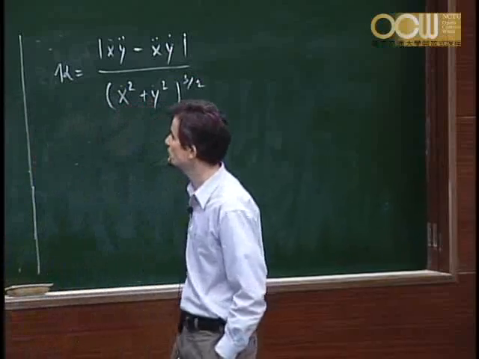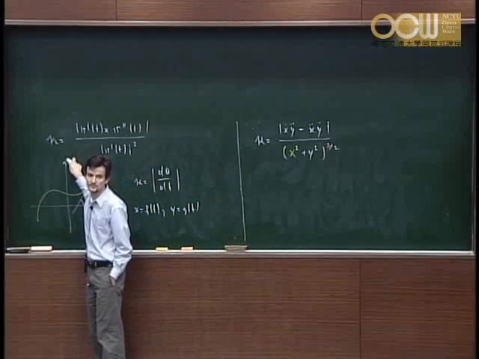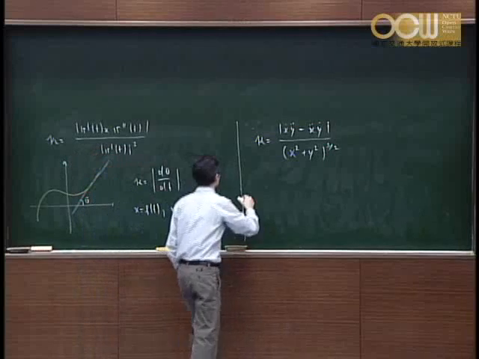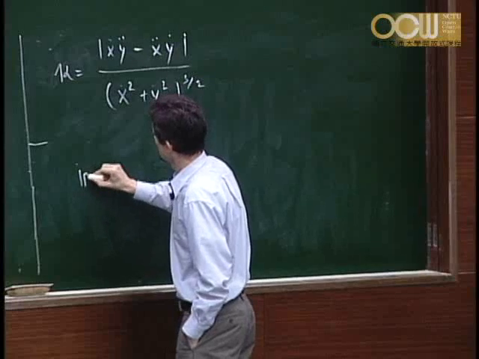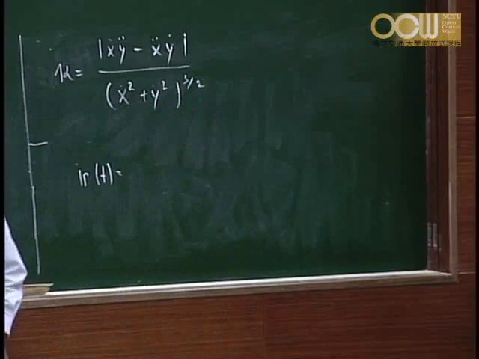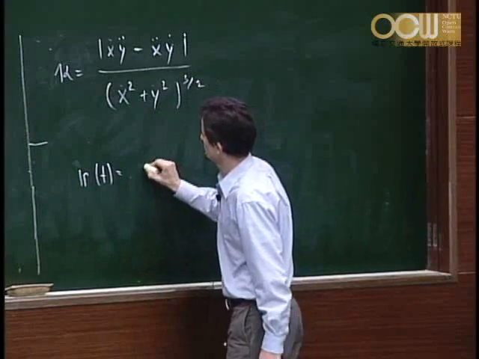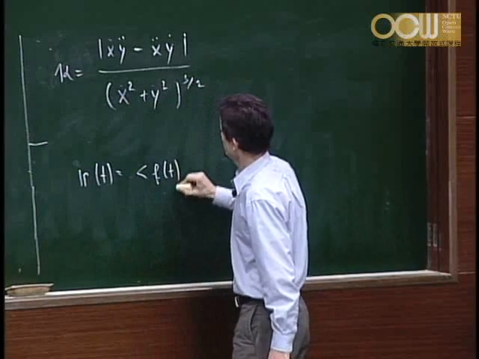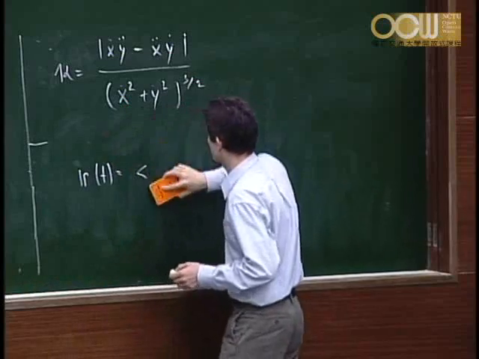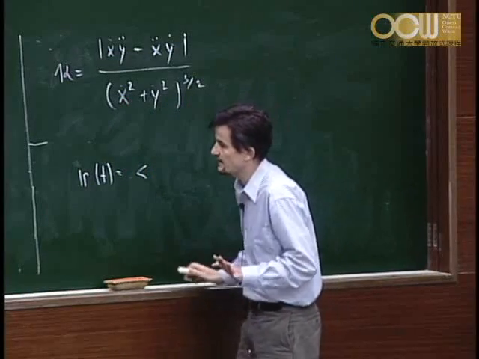And you easily see that this is the same as the expression you would get by this formula. Why? Because our r of t, this is a plane curve, but I can add the third coordinate. So our r of t is, I just write it in terms of x, y, but everything depends on the time.